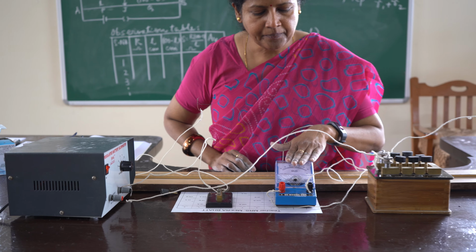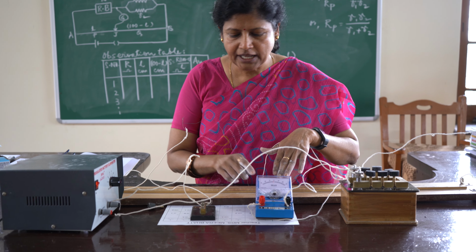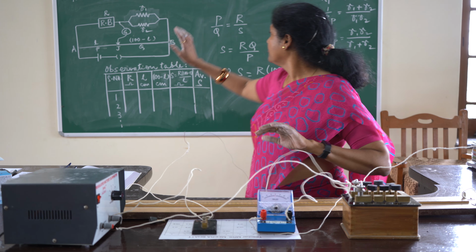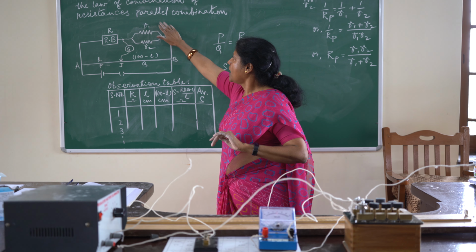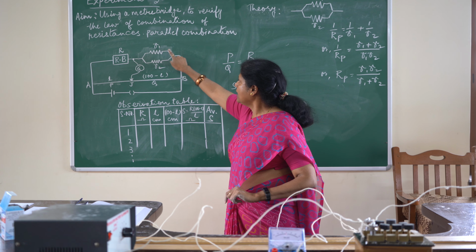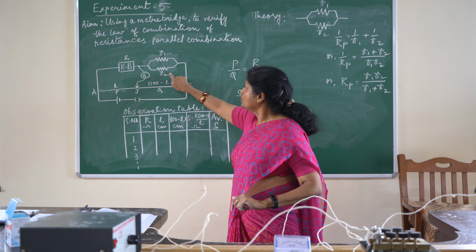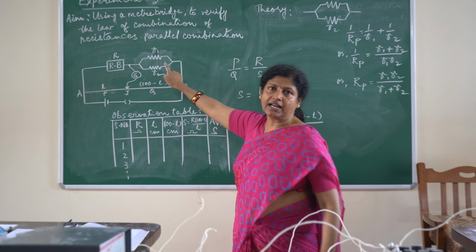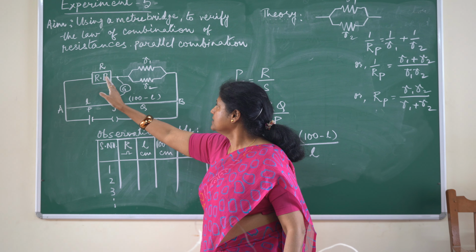Now you see the galvanometer. One end is connected with this arm, it is for S. Here we have connected 2 resistances in parallel, and another end.